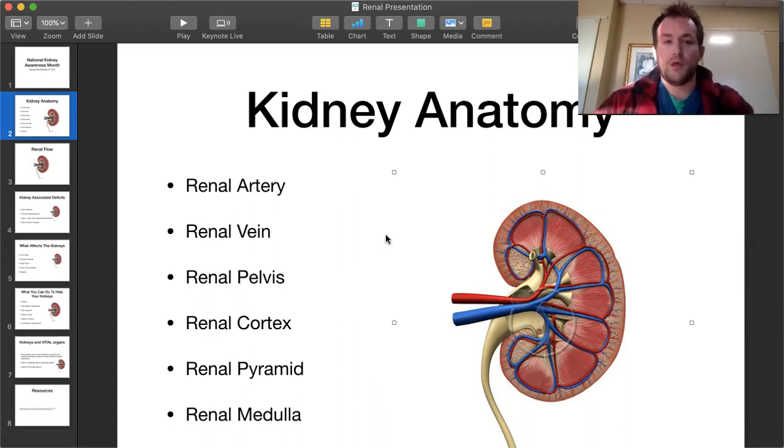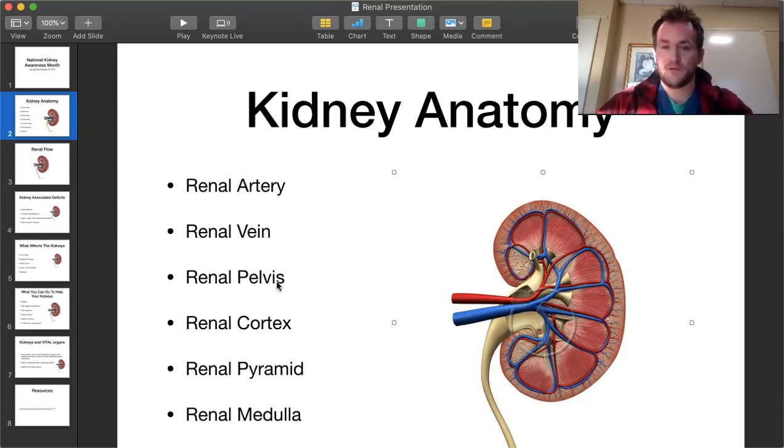Once that blood has been delivered, you have the renal vein, which is represented by the blue structure here. The renal vein takes up bad metabolites and the deoxygenated blood and delivers it all the way to the rest of the body, back to the heart. So it's a flow in and a flow out. That is the renal vein.